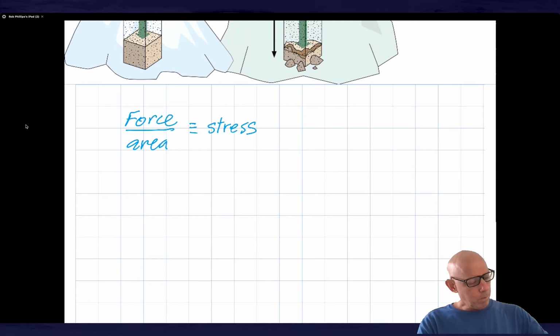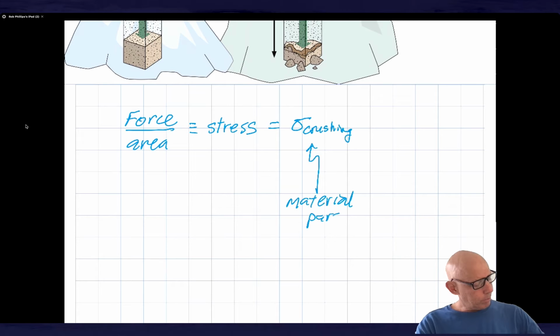So what we want is we want to have the force per unit area equal to the crushing stress. So this is a material parameter of rock or chalk or whatever. So when I say material parameter, I'm saying that every material has a certain crushing stress at which, if you push with a force per unit area of that magnitude, you'll crush the thing underneath it.